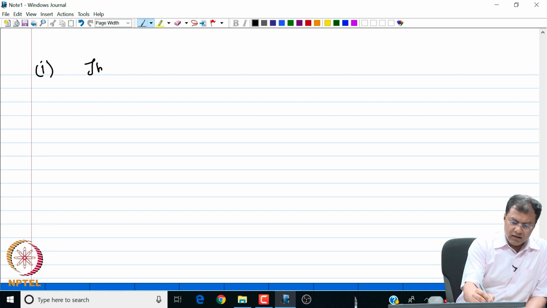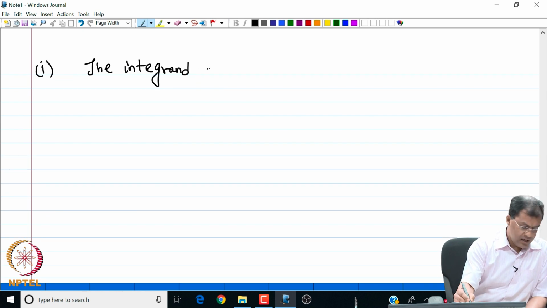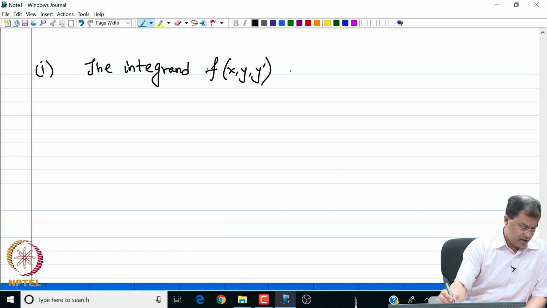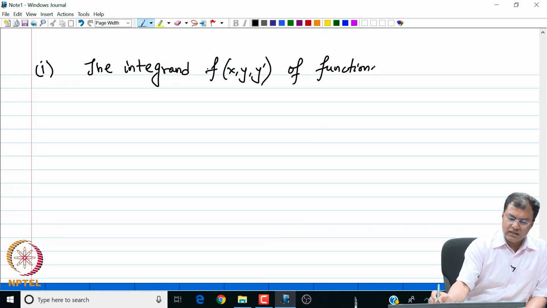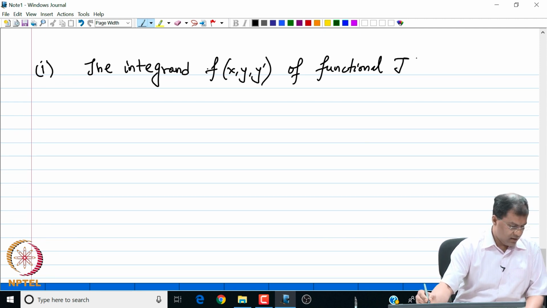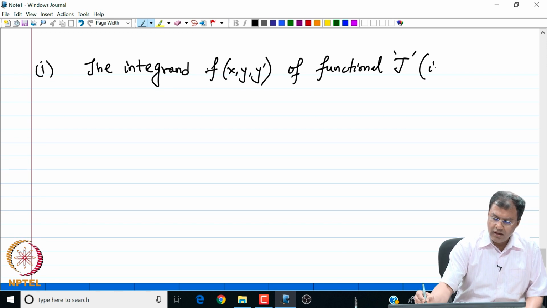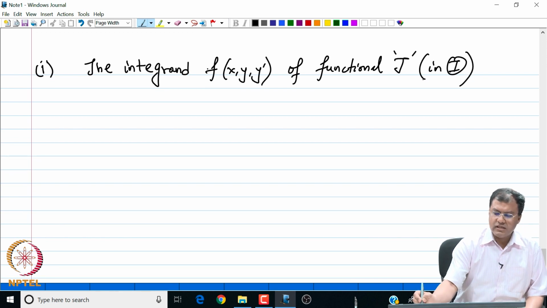The integrand f of x comma y prime of the functional J in our original functional relation in 1. That is how I am numbering.